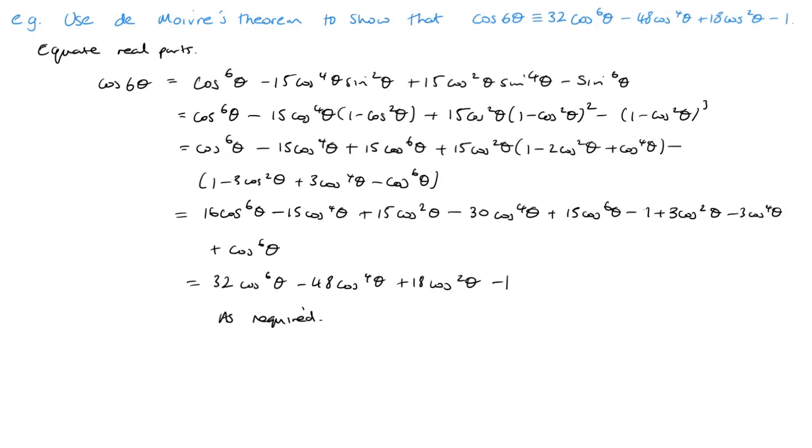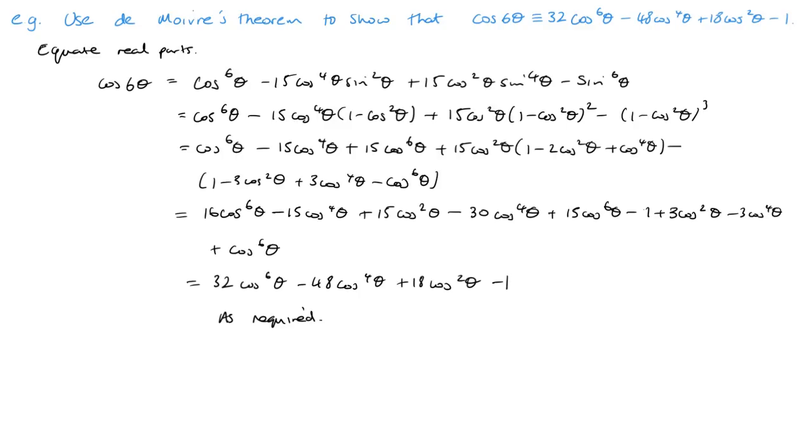Okay, so that's how we do it, and we can do a similar thing with the same start for sine 6 theta, so the same initial expansion, and then we'd equate the imaginary parts. Okay, and then we'd have sine 6 theta.